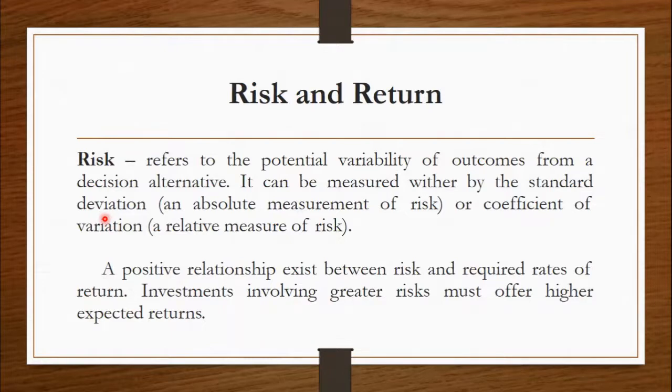In your BA 319, I don't know if you already have it, or in your statistics, you are taught that standard deviation is an absolute measurement of risk, while the coefficient of variation is a relative measure of risk.